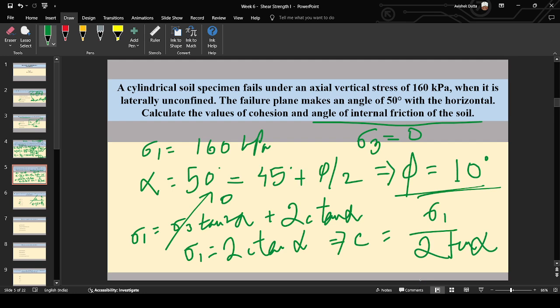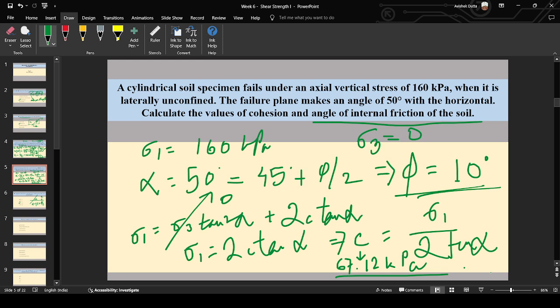Now alpha is 50 degree, and the value of c you will get is around 7.12 kilopascal.